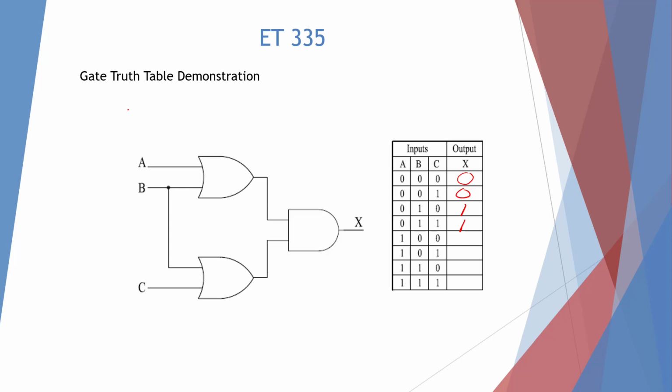And then we have a 1 on A, 0, 0, 0. So this is a 0, and that's a 1, and the output would be a 0.